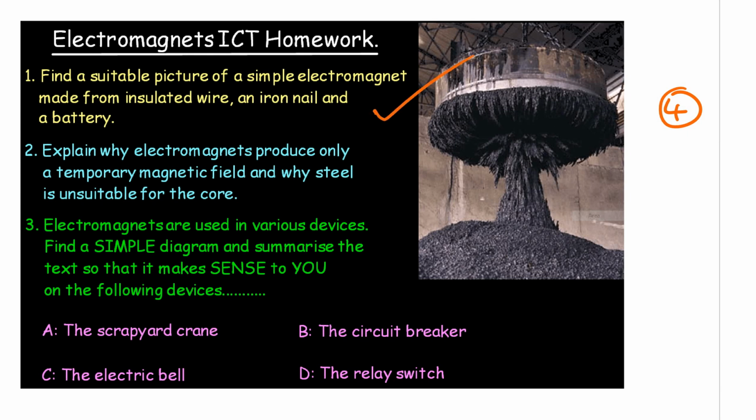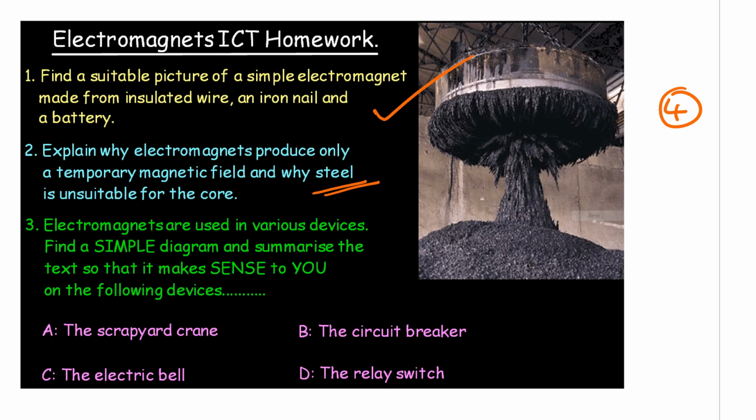Nice and simple. Explain why electromagnets produce only a temporary magnetic field. That's got something to do with the current flowing. And why steel would be unsuitable for the core. That's the object that is surrounded by coiled insulated wire.